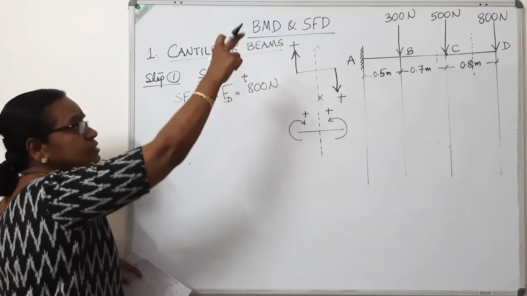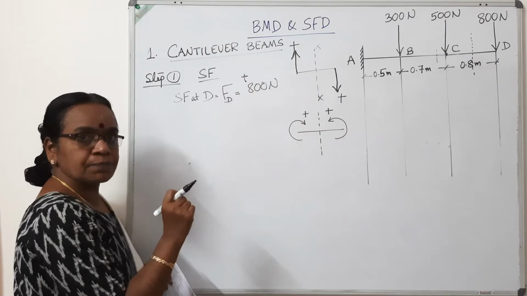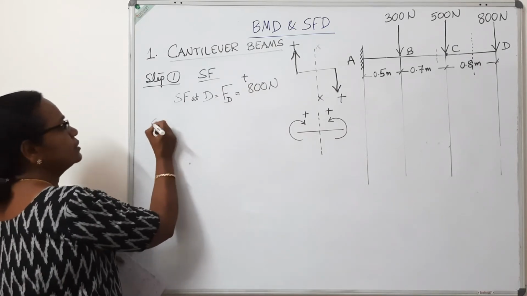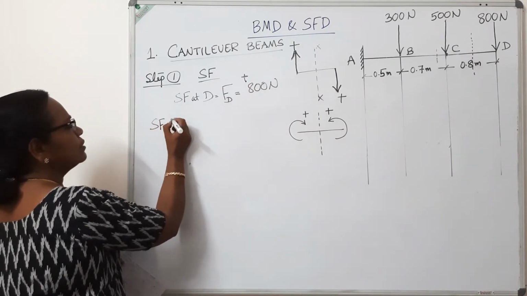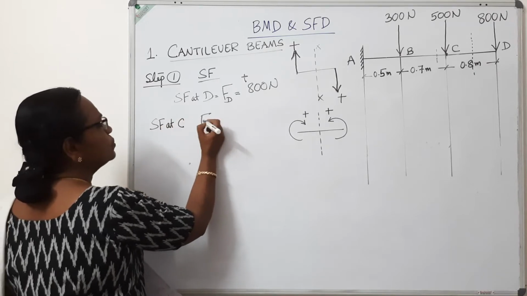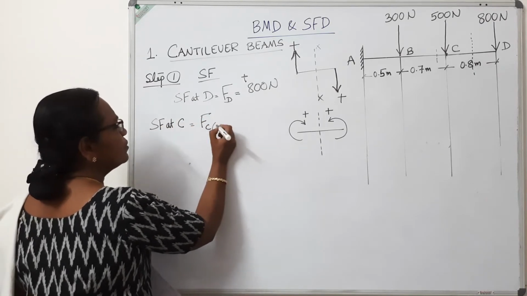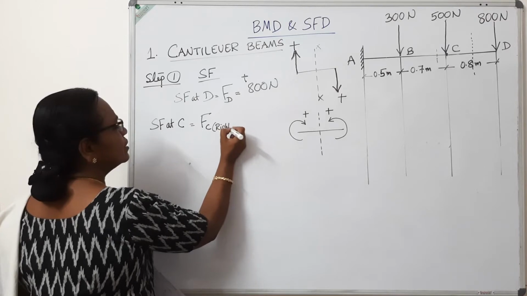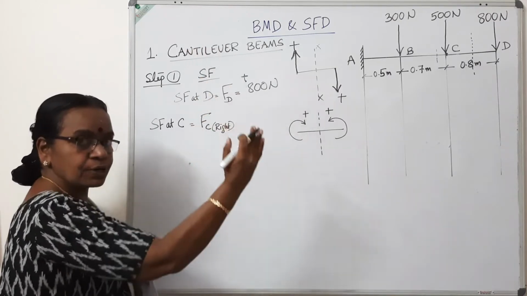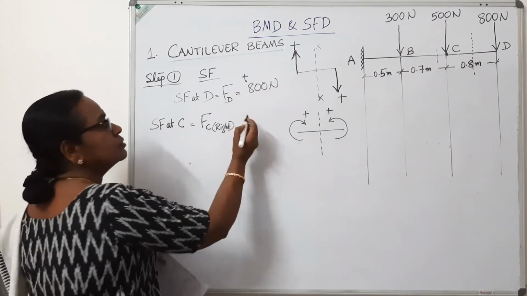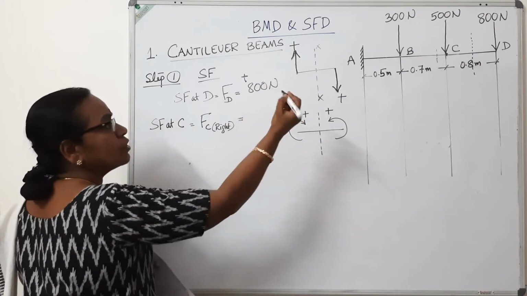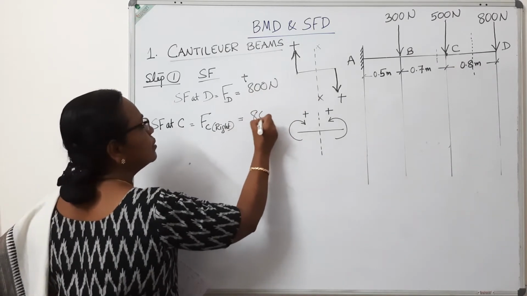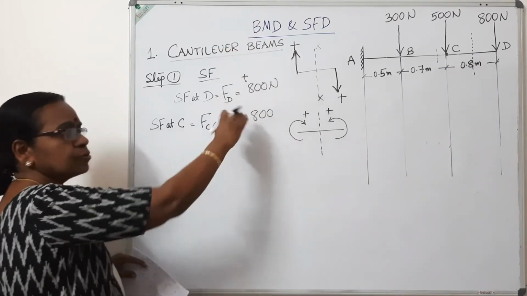So, when there is a point load acting at a particular point, you have to write the shear force at C as FC right, just to the right of C, there is only this 800, a downward force, so positive.